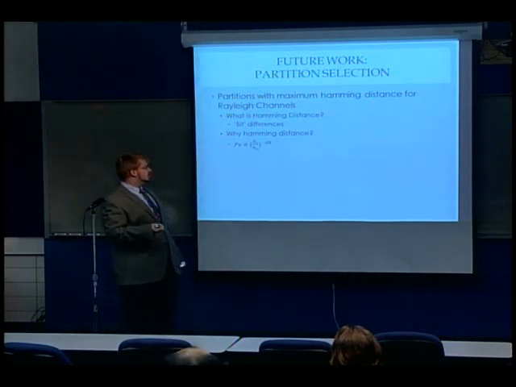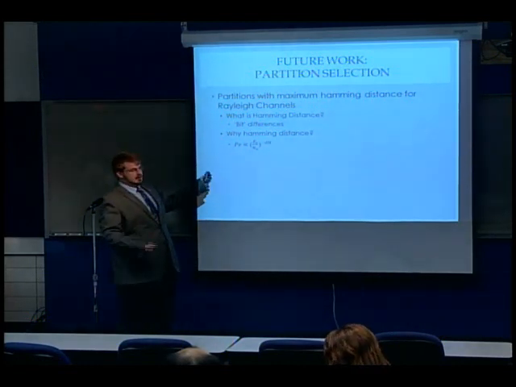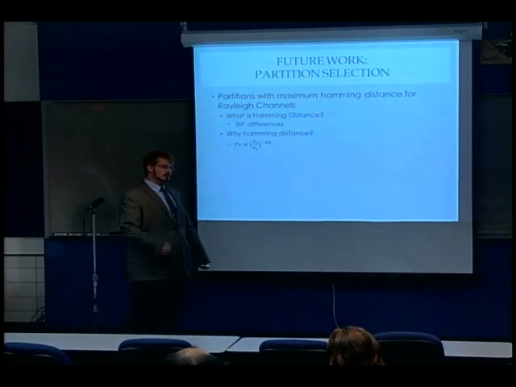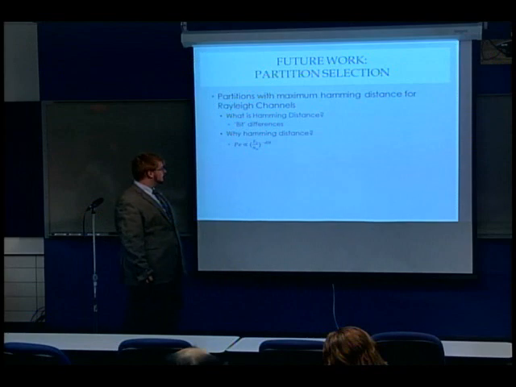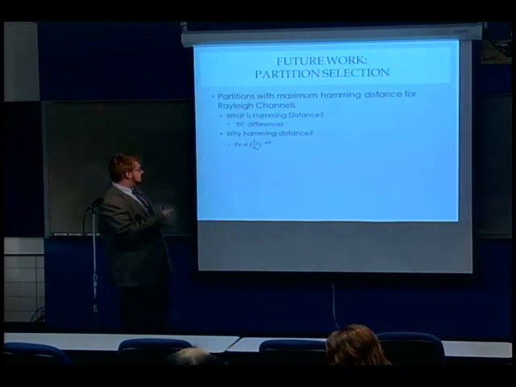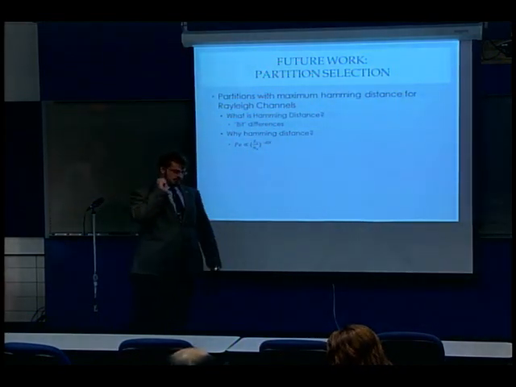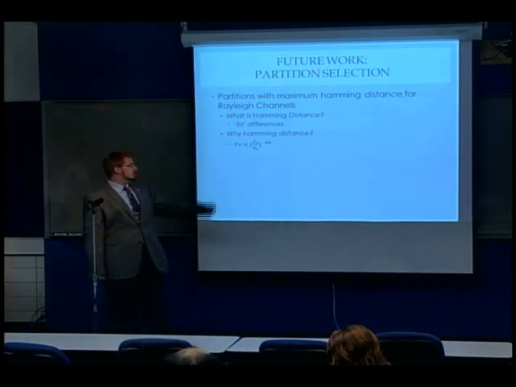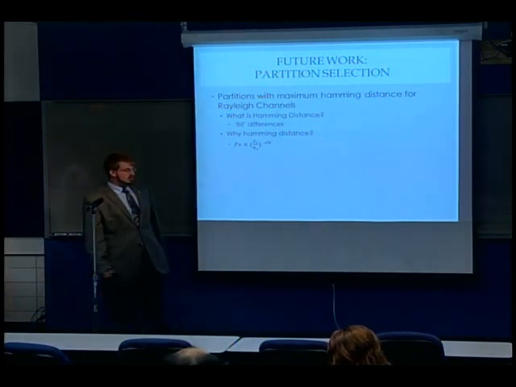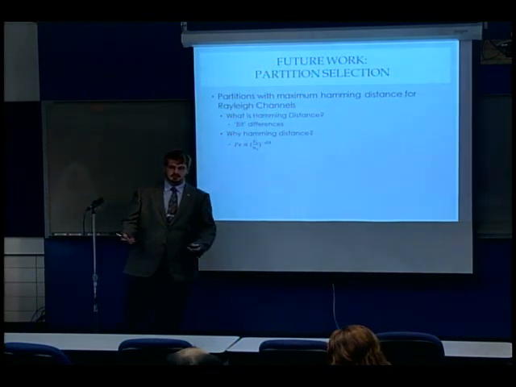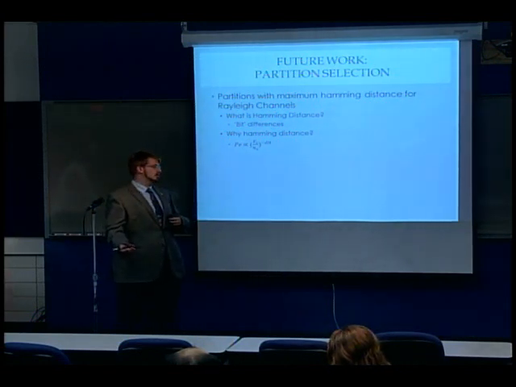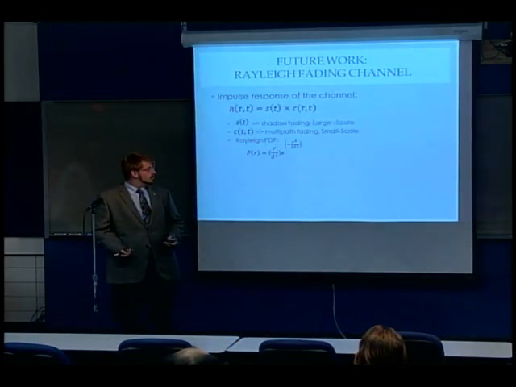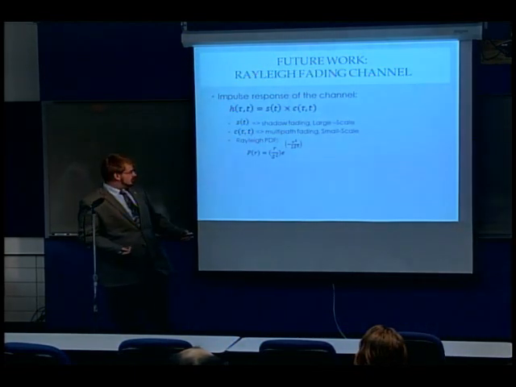That's better for a Rayleigh channel because I skimmed this paper this morning, and basically the probability of bit error is proportional to the noise to the minus Hamming distance. That's more or less the motivation for why we would use Hamming distance over Euclidean distance, and I'll probably be looking more into that.